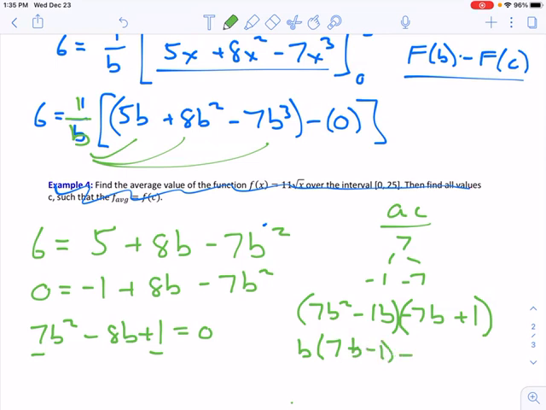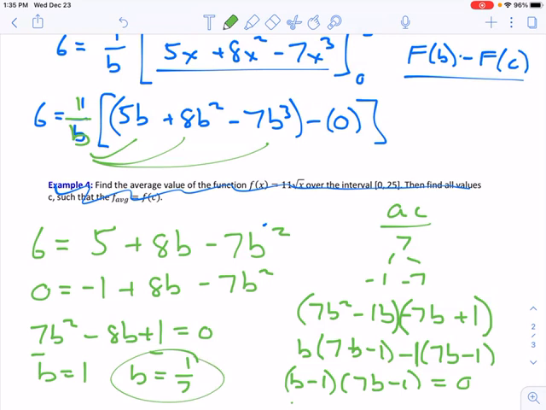Factoring out a negative, I have 7b minus 1. All right, so there's a 1 really out here. So my factors are b minus 1 times 7b minus 1. And we set those both equal to 0. And what we get is b equals 1 and b equals 1/7. And those would be our answers to this problem. Those are the values of b.